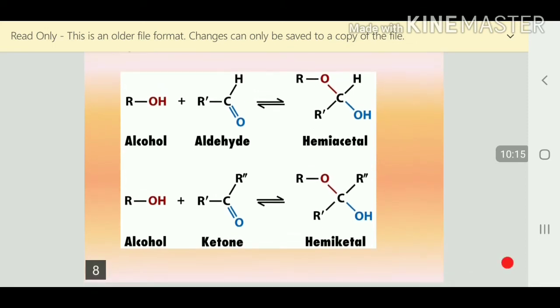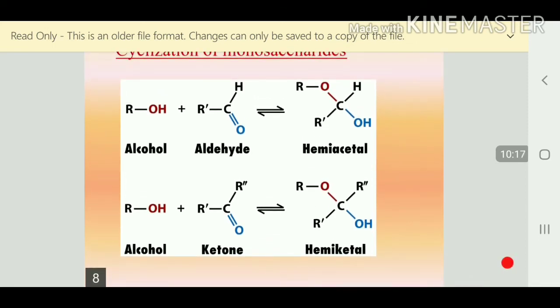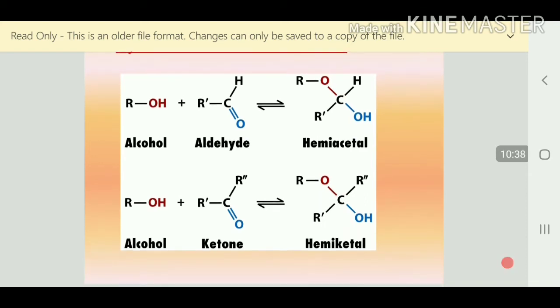Similarly, in ketoses also, the alcoholic OH group may react with the carbonyl group, that is the ketone group. So the oxygen of the alcohol is forming a bond with the carbon of the carbonyl group, and this is hemiketal.